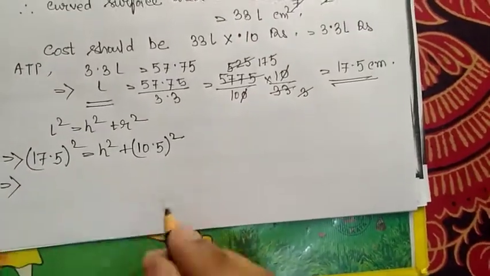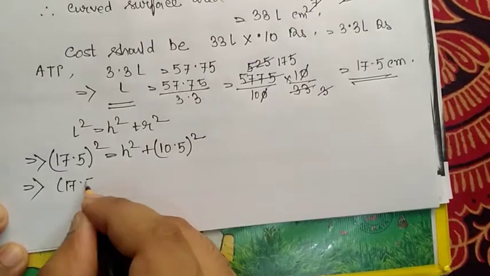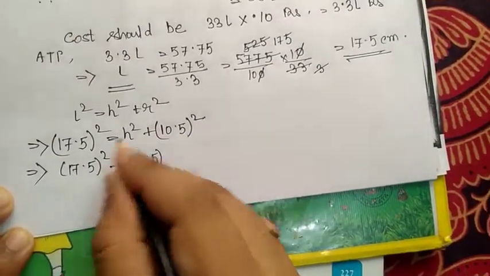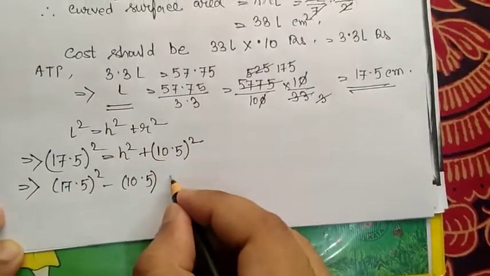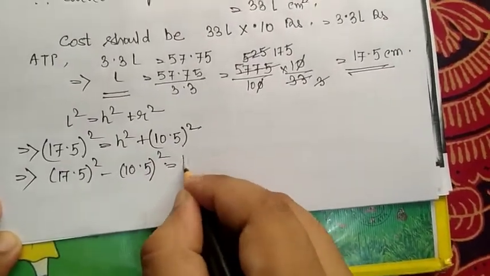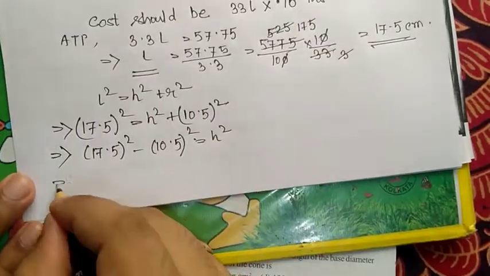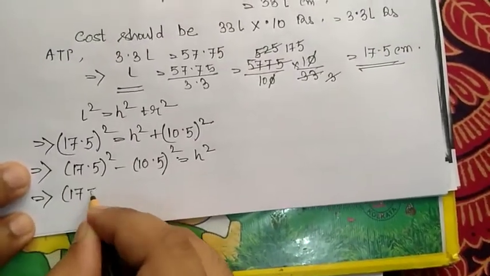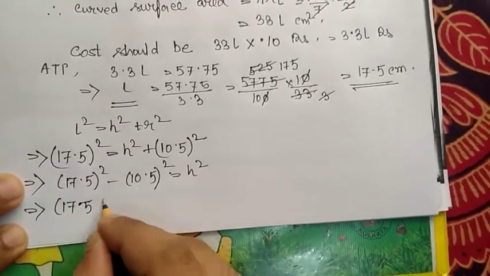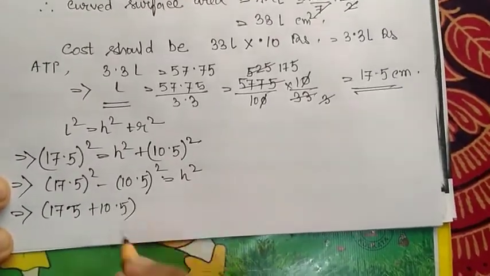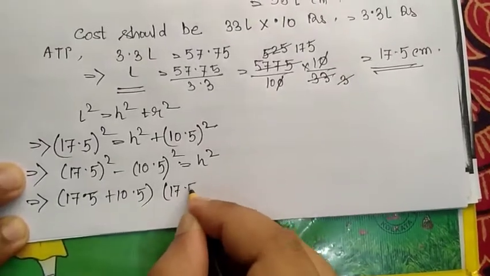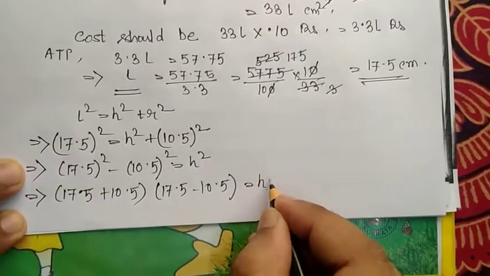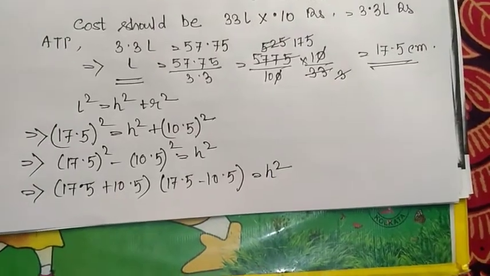So we can say 17.5 whole square minus 10.5 whole square from right hand side to left hand side equals H square. A square minus B square formation: A plus B into A minus B. So 17.5 plus 10.5 and 17.5 minus 10.5 equals H square.